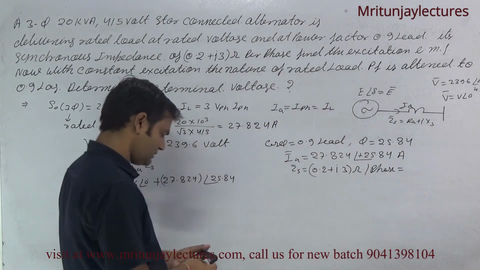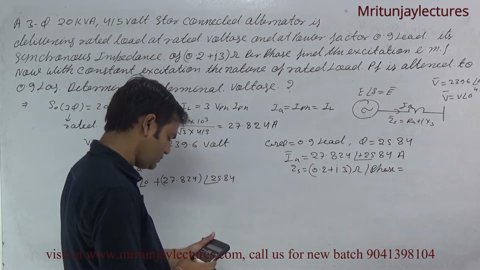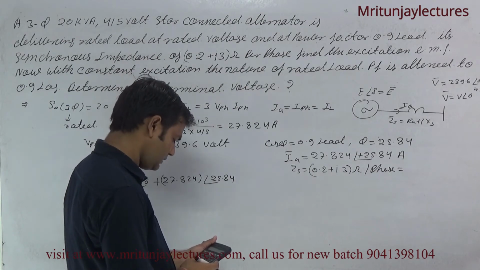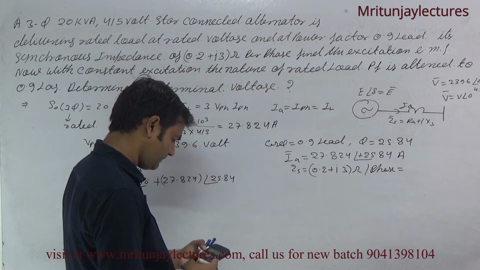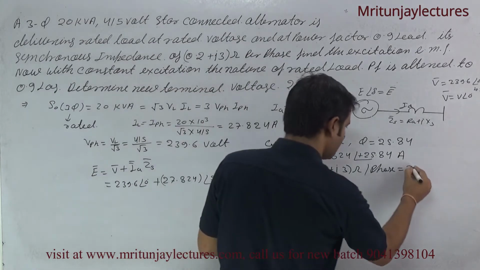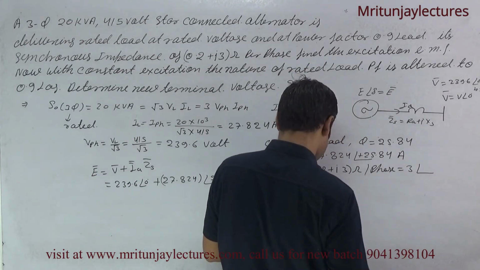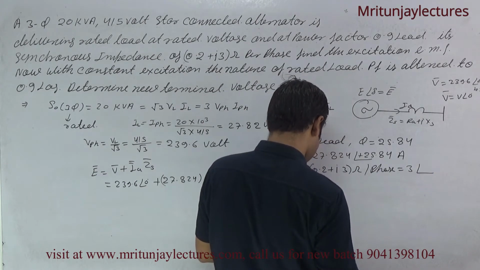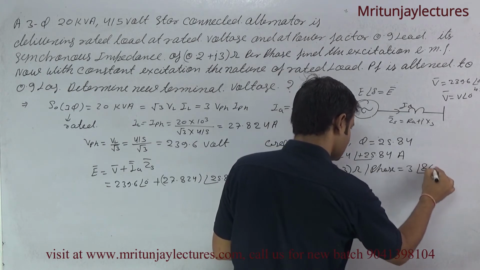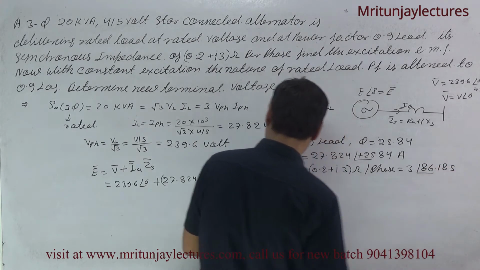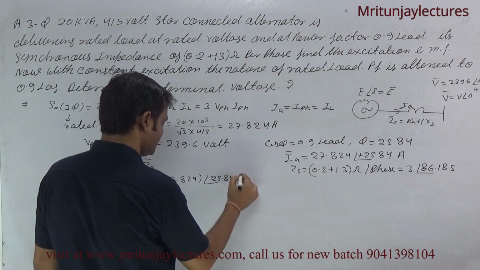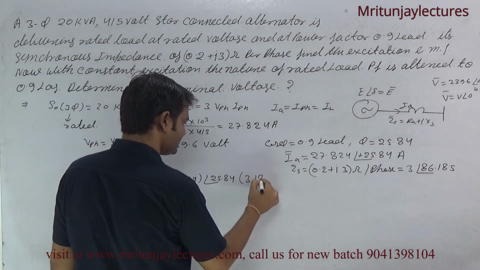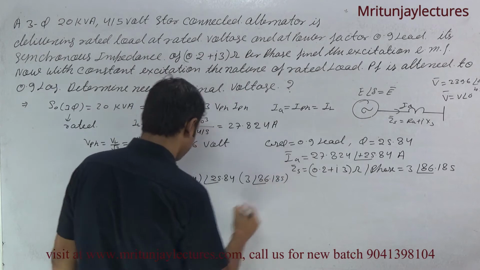In polar form, 0.2 plus j3 is 3 at the angle 86.185.